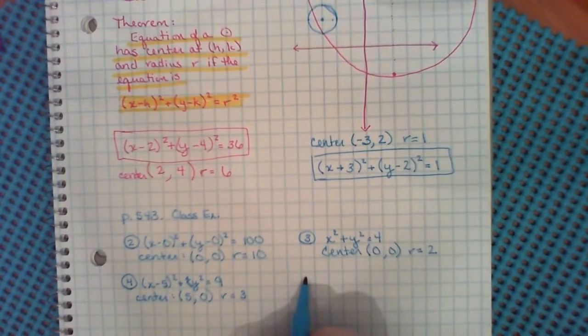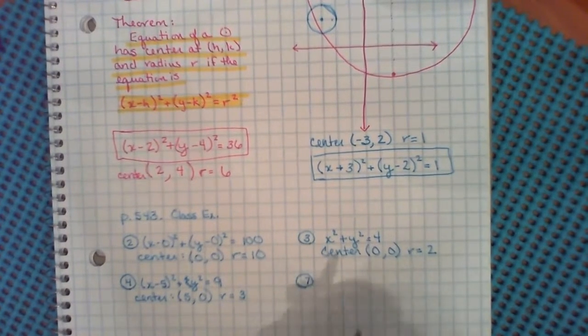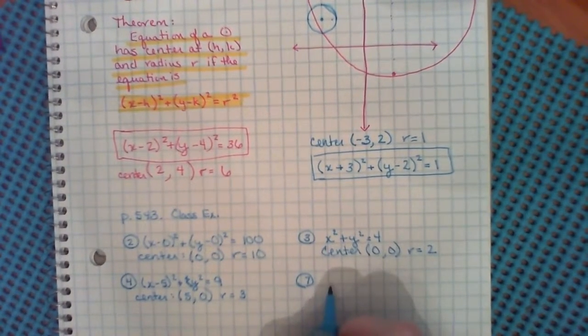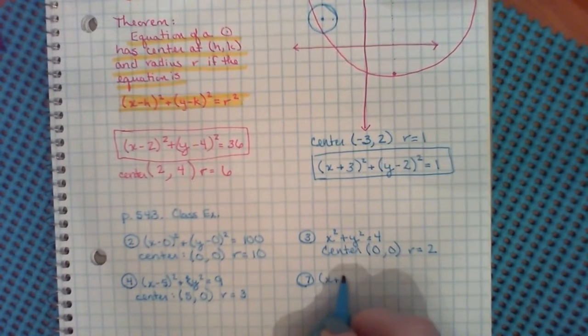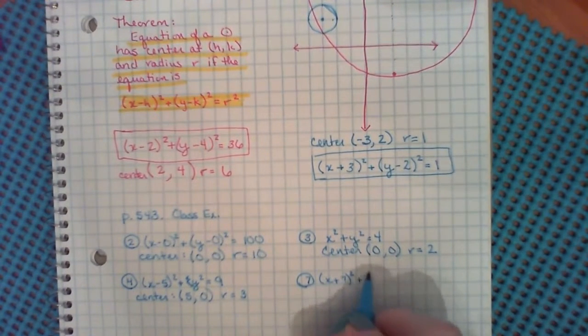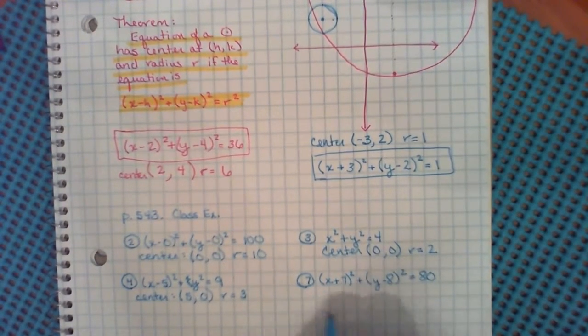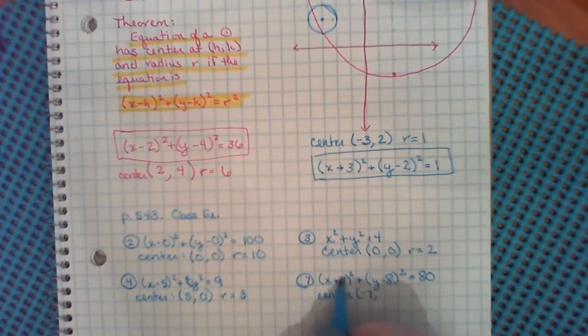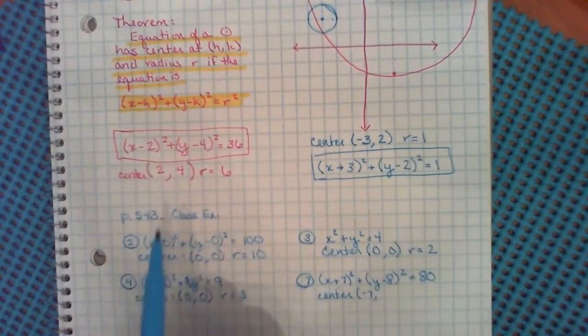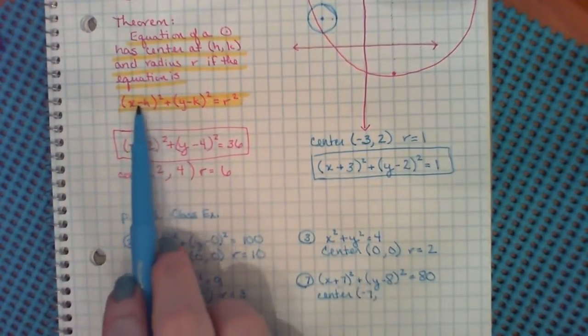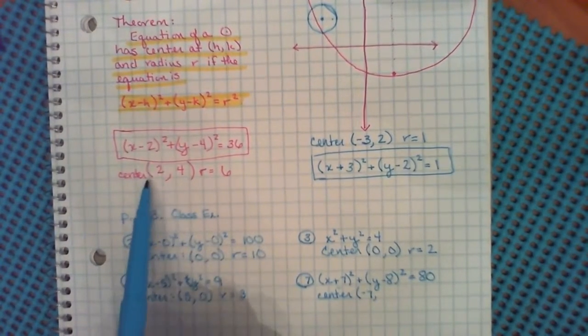Let's look at number 7. It says (x plus 7) squared plus (y minus 8) squared is equal to 80. So my center is going to be at negative 7, because we have to make it like our pattern. It's really the opposite of that number that is our h.